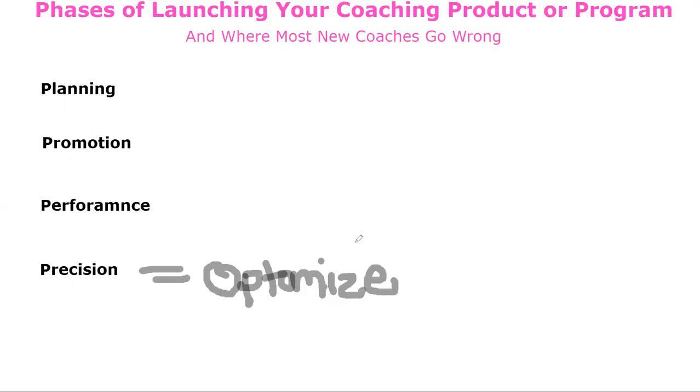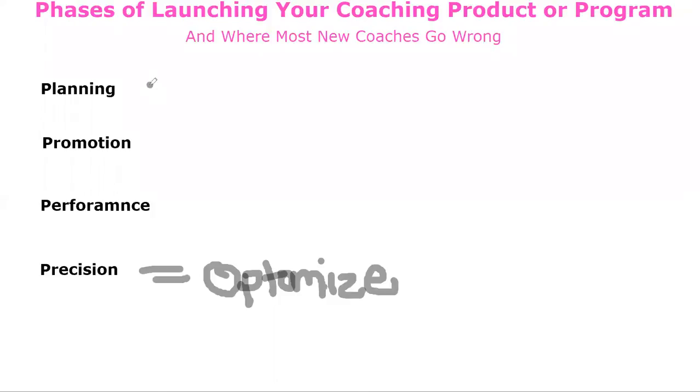So that means in this optimized phase, you go back and say, okay, the next time I launch this, I need to check my campaign, that's connected to me onboarding, right? So optimizing is you going back through every single one of these steps and getting clear about what worked well and what did not work.